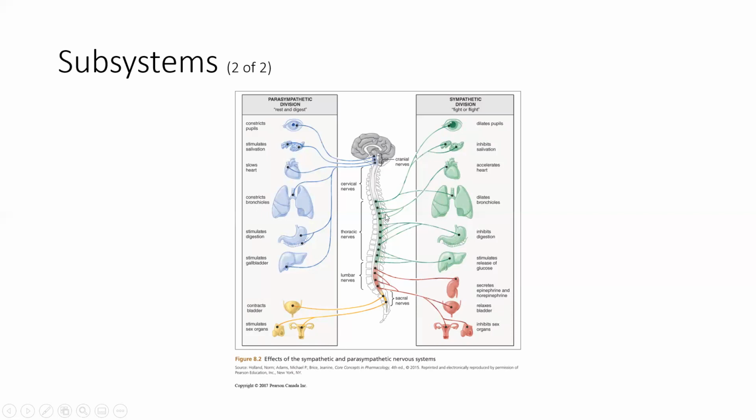The next thing to understand is the spinal cord. In the spinal cord, on the top, we have the cranial nerves. Then in the cervical area, cervical nerves. In the thoracic area, thoracic nerves. And in the lumbar area, the lumbar nerves. So epinephrine, bladder, and sex organs are controlled by lumbar nerves. The green, all these are controlled by thoracic nerves.